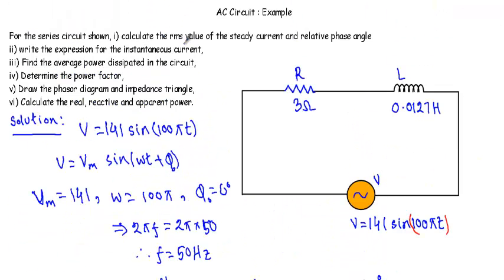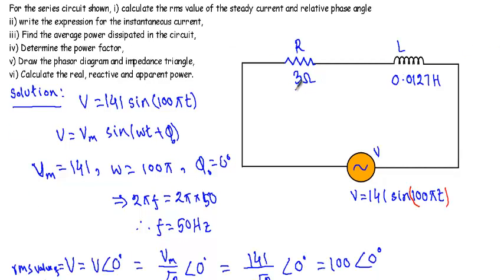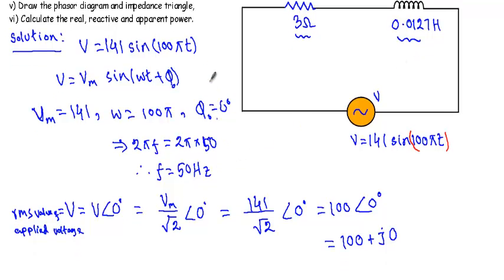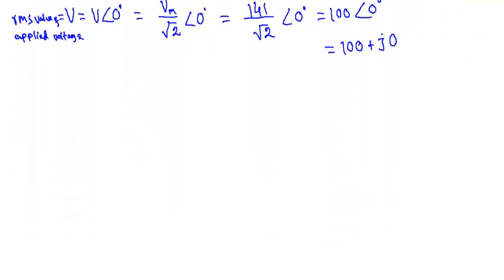At first we have to calculate the RMS value of the steady current. We have a resistor of 3 ohm and an inductance of 0.0127 Henry, and the frequency of the applied voltage is 50 hertz. As this is an RL series circuit, we can easily calculate the impedance.